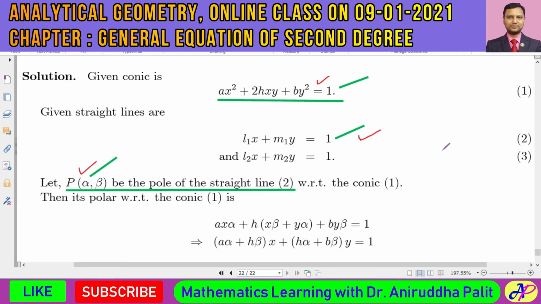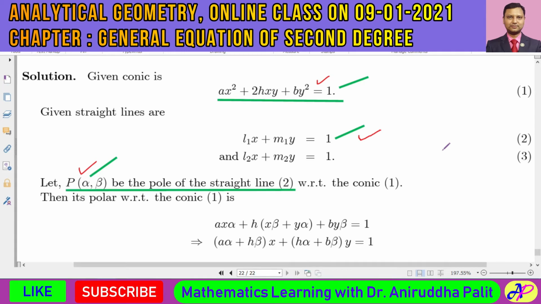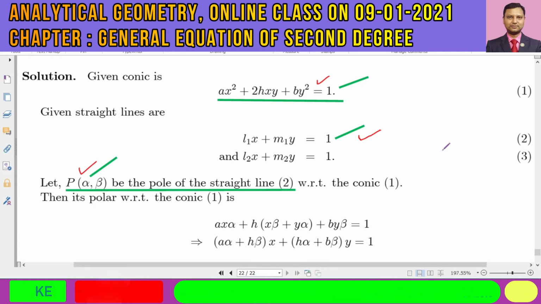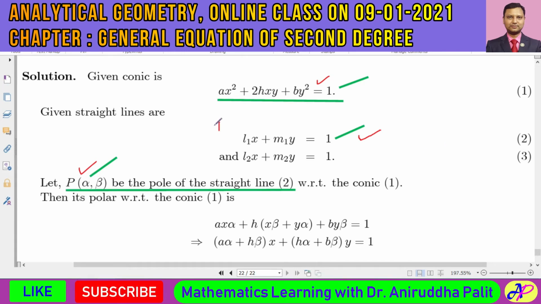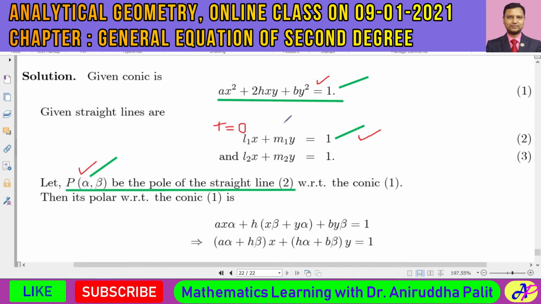Or in other words, we have a formula that T is equal to 0. This formula T is equal to 0 is the polar of a point with respect to a conic.